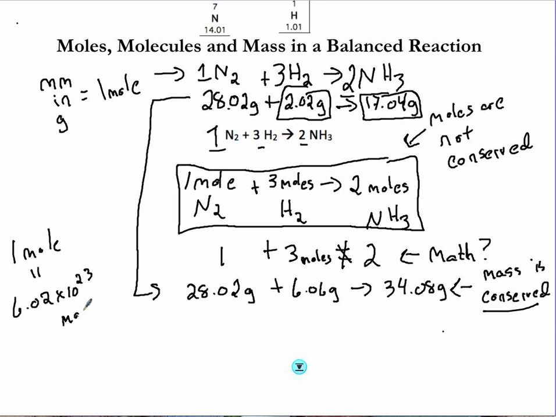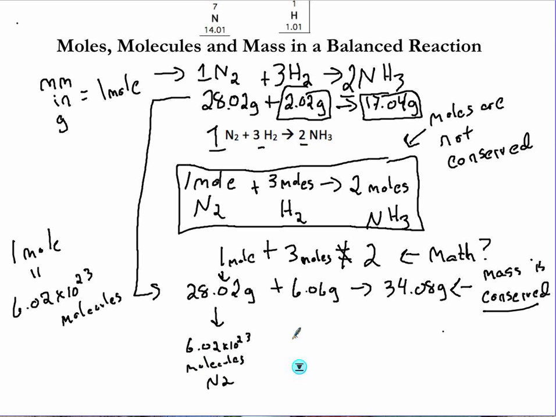Remember, that's a value from the first video. So I'm going to say directly underneath this that not only is 1 mole equivalent to 28.02 grams of nitrogen, but that it is also equivalent to 6.02 times 10 to the 23rd molecules of nitrogen.